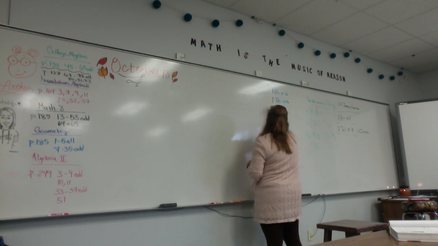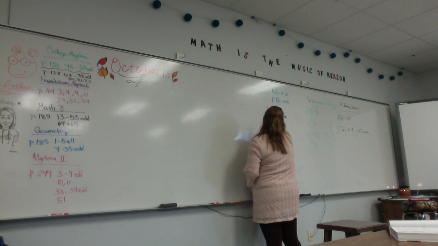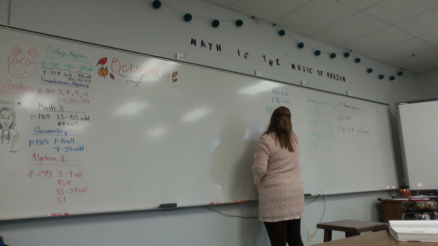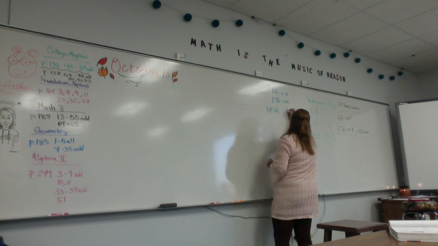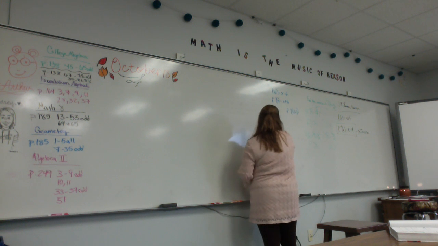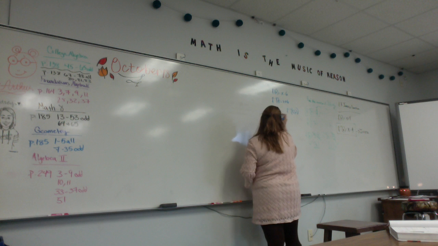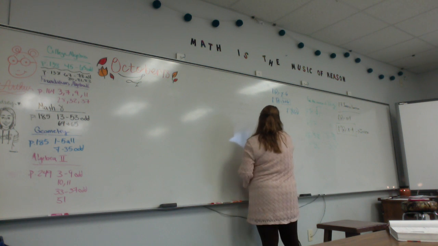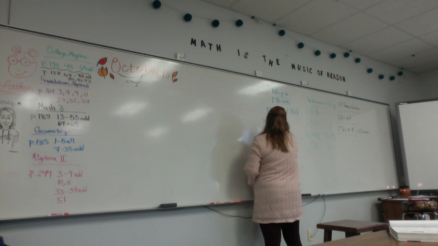But now I have to verify by plugging the function of x into the inverse function of x. So first we start with plugging this x into there. Okay, so you get x plus 6 minus 6.